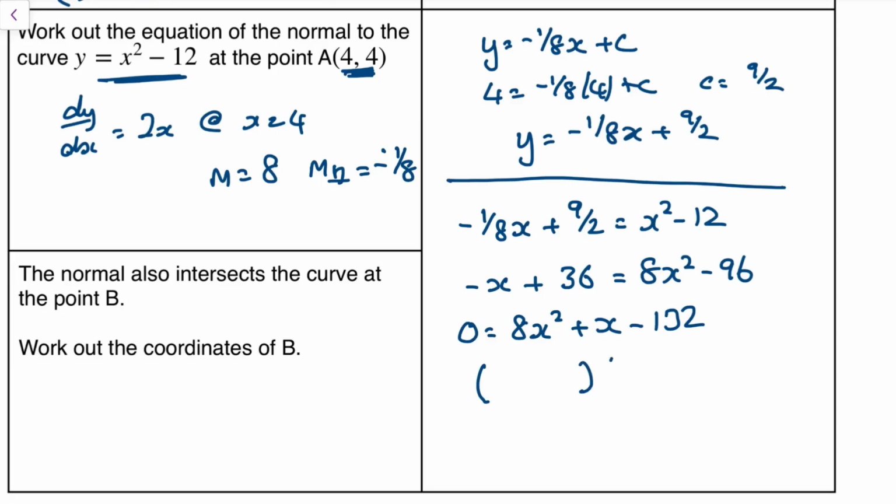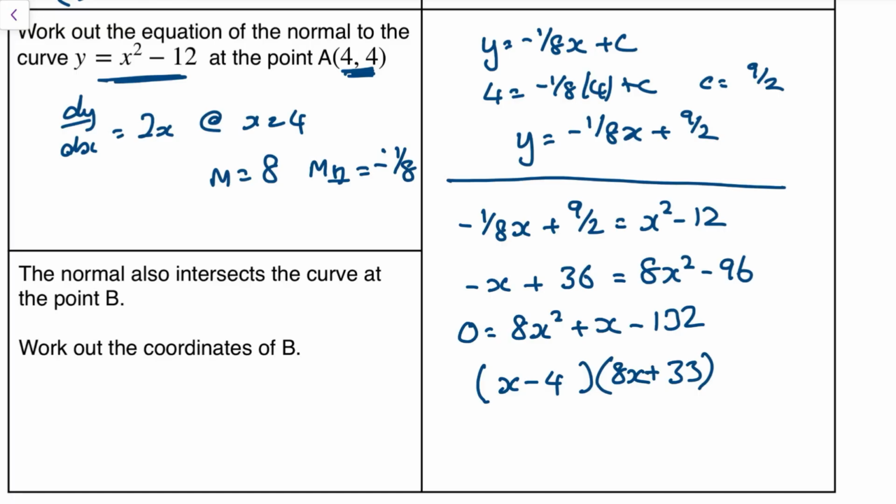When I'm trying to factorize, and that doesn't mean this is easy, I think x minus 4 might be a factor because I need x equals 4 to be one of my solutions. So let's imagine x minus 4 is a factor. Well, that will mean that must be 8x, and 132 divided by 4 is 33. And I need this to be a negative, so it's going to be x minus 4 times 8x plus 33.